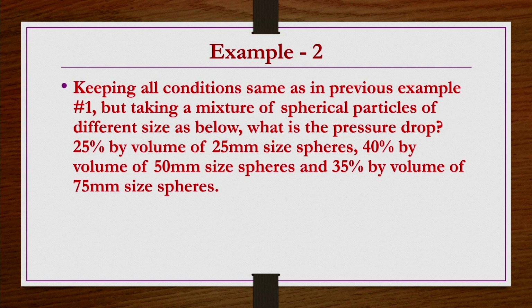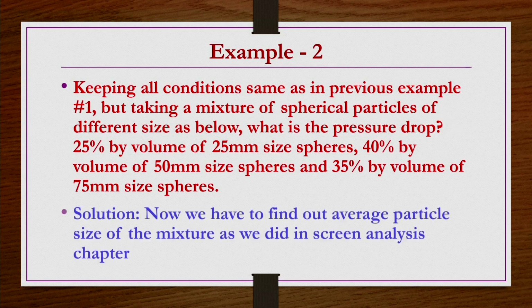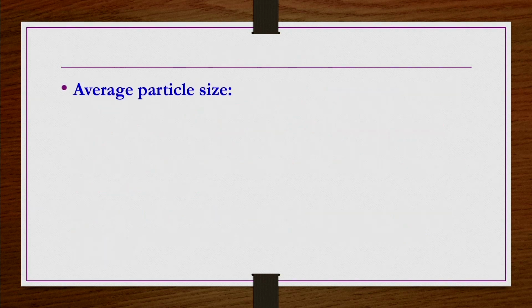Solution: we have to find the average particle size of the mixture, as we did in the screen analysis chapter. The average particle size dP average, especially the surface mean diameter, is 1 by sigma xi by phi i s dPi.